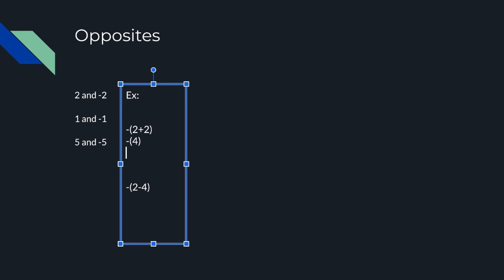This becomes -4, the opposite of 4. And then here, you have 2 minus 4, so then it becomes -2. A double negative makes a positive, if you've ever heard that term before. So this would become 2. Simple as that.